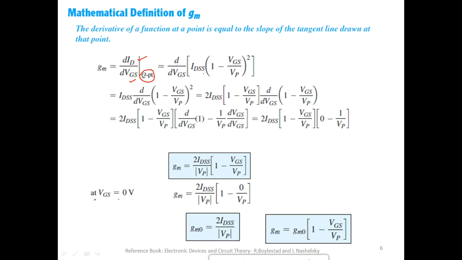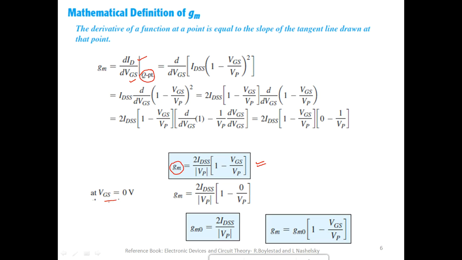When you differentiate the drain current with respect to VGS, after a series of 2 to 3 steps, you arrive at a very simple expression: 2 IDSS upon Vp multiplied by 1 minus VGS upon Vp. That's the expression for the transconductance parameter found mathematically.